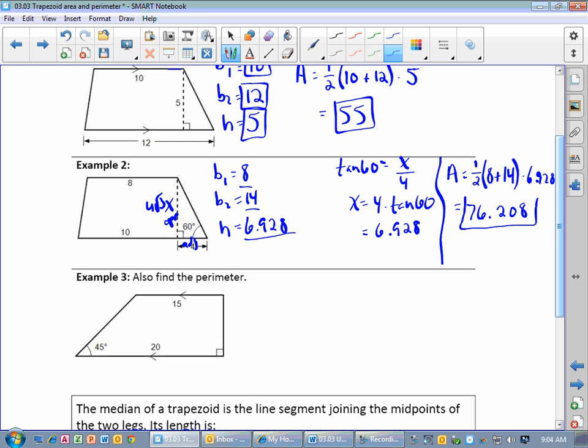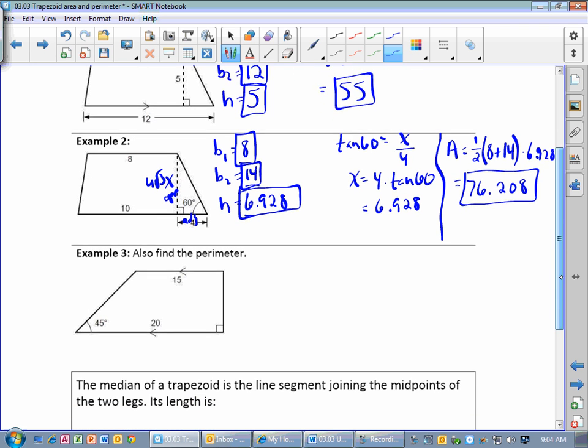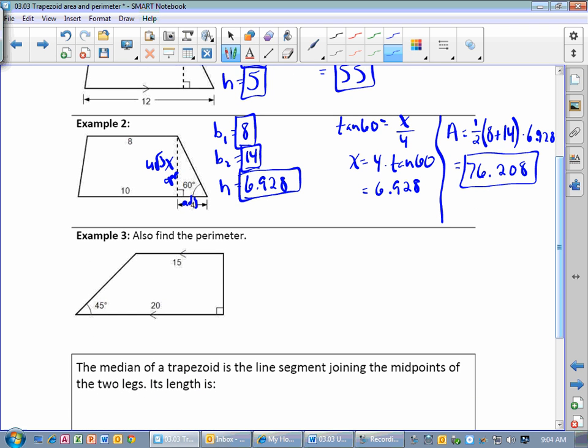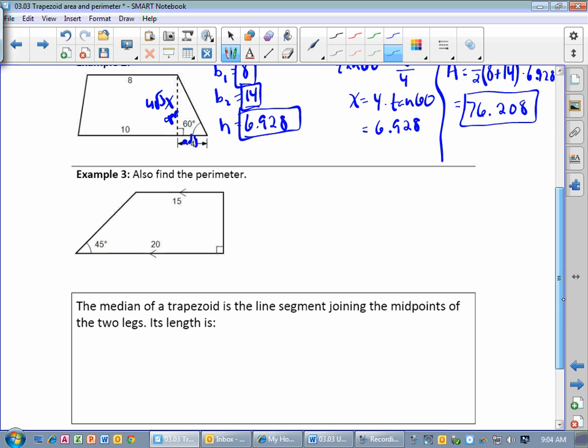Okay. Base, base, height, and area. Okay. So again, just like previous assignments, when we have an angle, we can usually use that to find something. Okay. Number 3 says also find the perimeter. So we're going to find our base 1, base 2, height, area, and the perimeter.